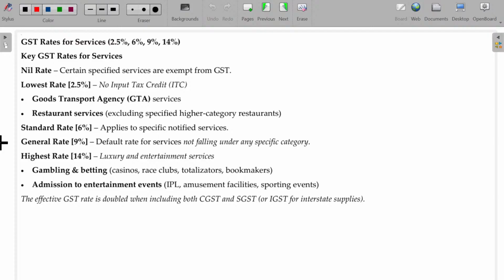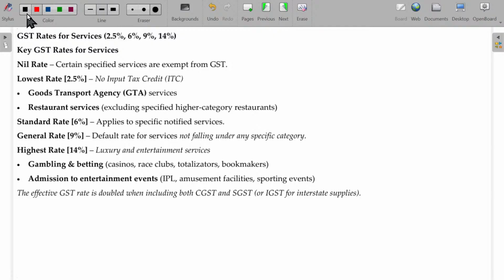Now, some basic ideas. Key GST rates for services. Certain specified services are totally exempted, nil rate. And we may enjoy the lower rate also, 2.5%. No input tax credit is available.